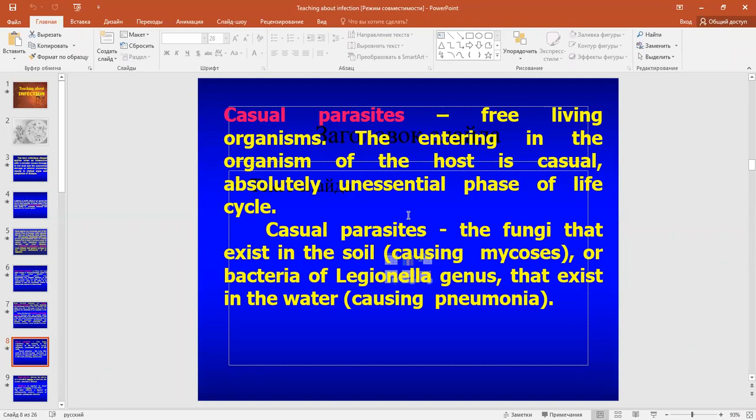They don't really need the human's or animal's body, and they enter the human body occasionally. Casual parasites include fungi that exist in the soil, which cause mycosis, or bacteria of the Legionella genus that exist in water and can cause pneumonia and fever, sometimes very severe, named legionellosis.